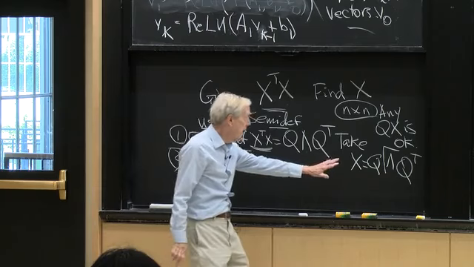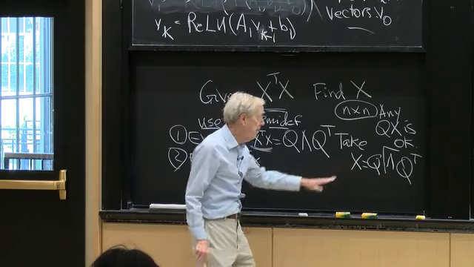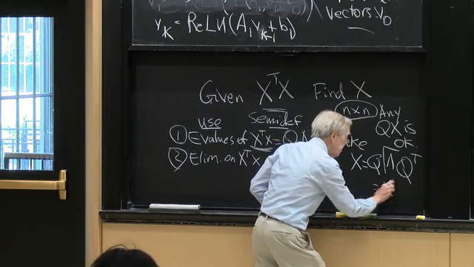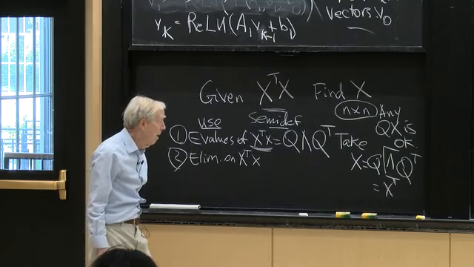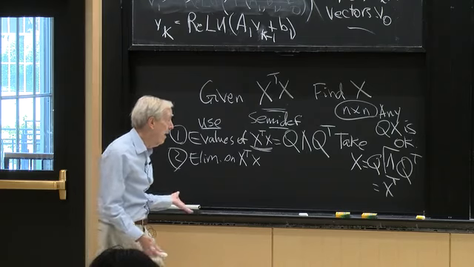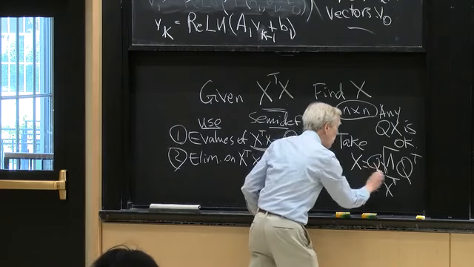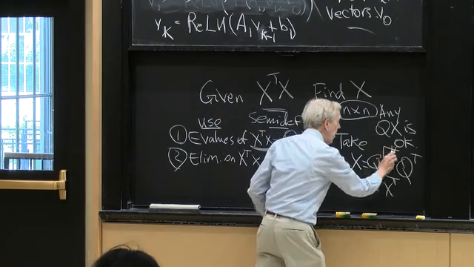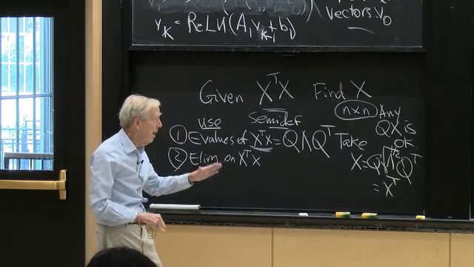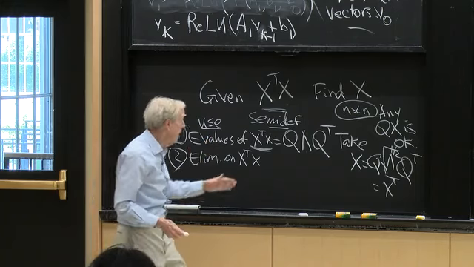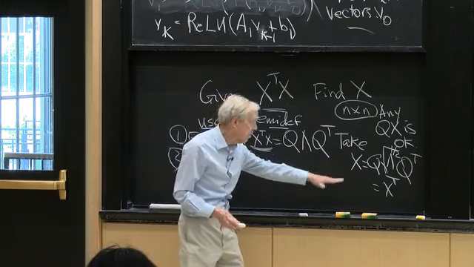Because then that's symmetric, equal to X transpose, with a lambda to the 1/2. So when I multiply, X transpose X is just X squared here.